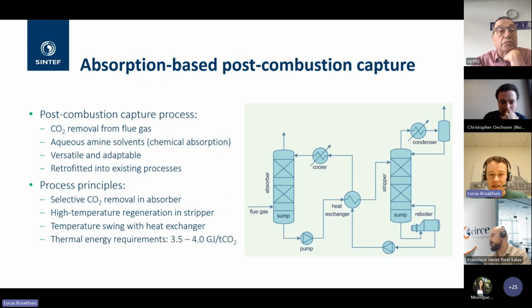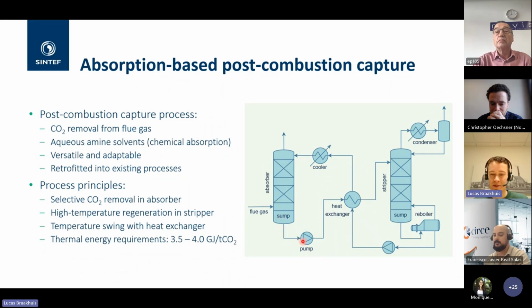So on the right here, there's an overview of what the typical capture process looks like. The flue gas enters into the absorber and rises through the column. The solvent, the lean solvent, is entered at the top of the column and flows down. And in this absorber, the CO2 is selectively removed from the flue gas.